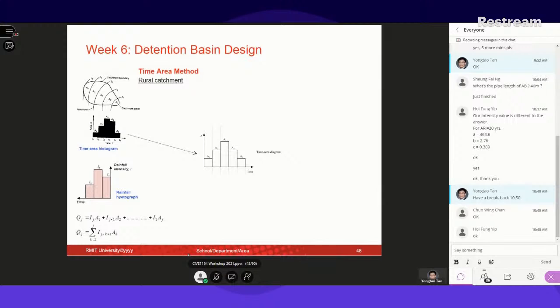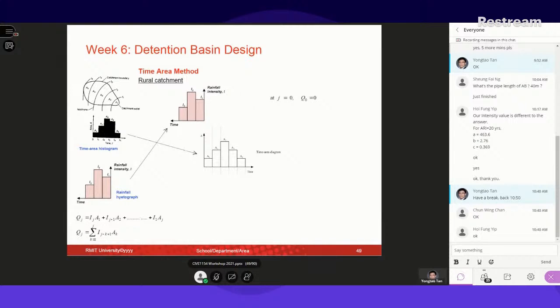At the very beginning, we have this time area histogram put here, and also the rainfall hyetograph, with the time axis put to the left.